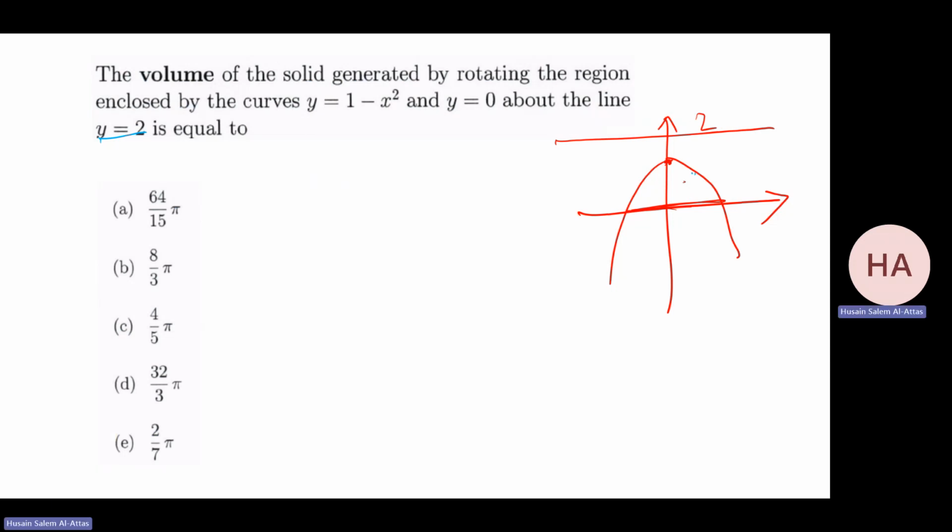It's perpendicular to this, so it will be this one. So I have r of x is 2 minus 0, the long one, and the small radius will be 2 minus (1 minus x squared). That gives me 1 plus x squared.